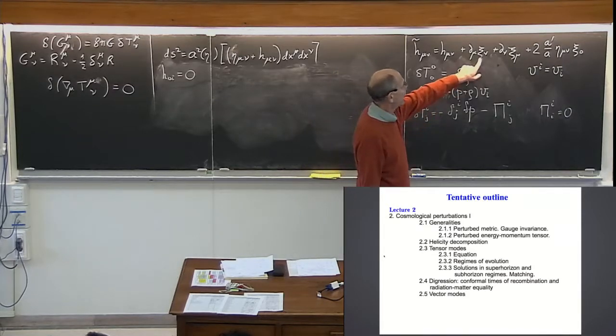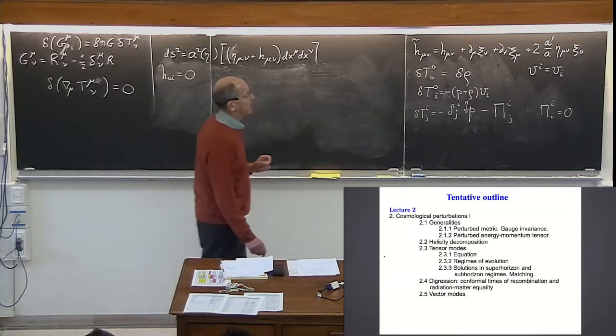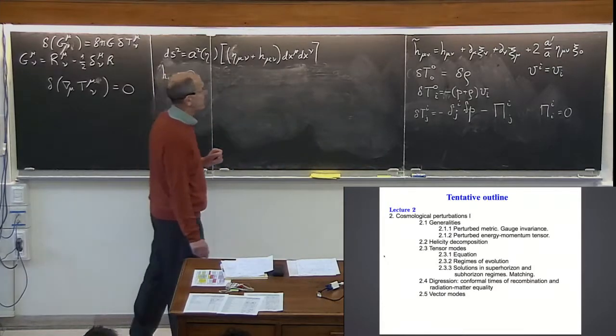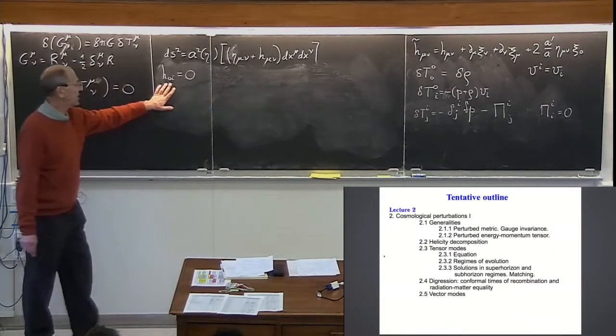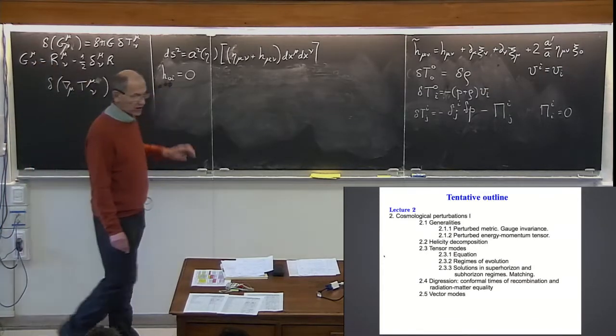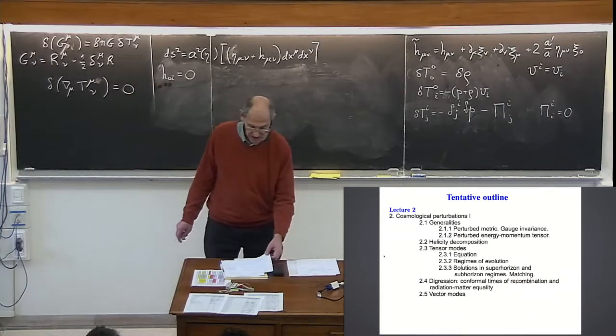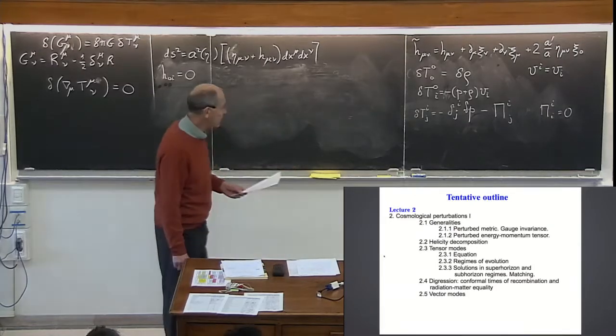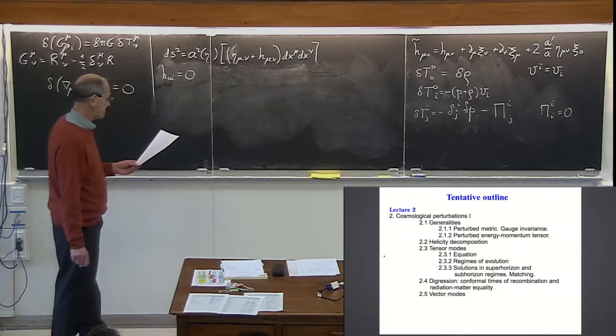But remember, here we have 4 gauge functions, psi mu, and these are only 3 gauge conditions, right? Therefore, there remains a residual gauge freedom.